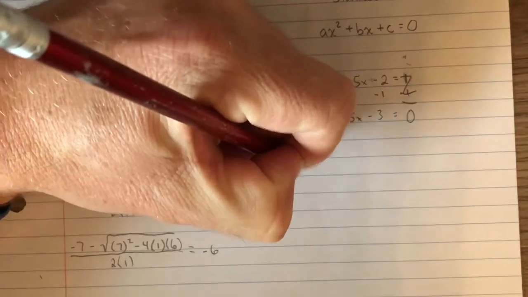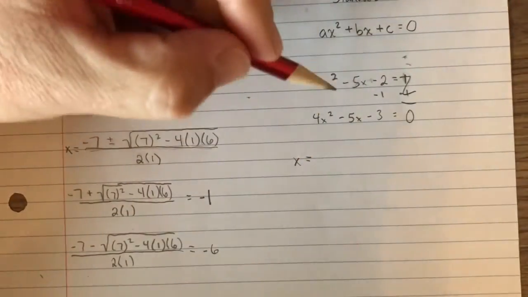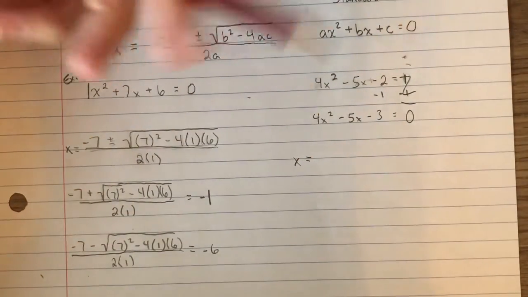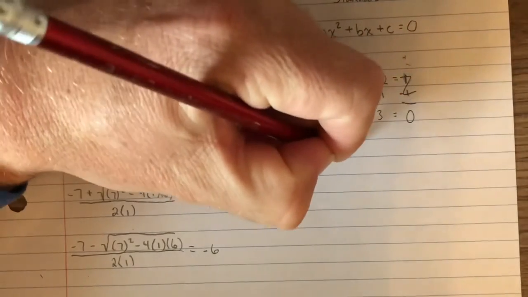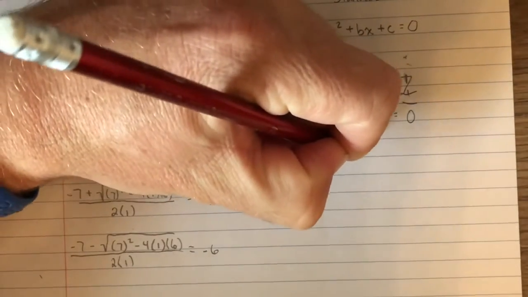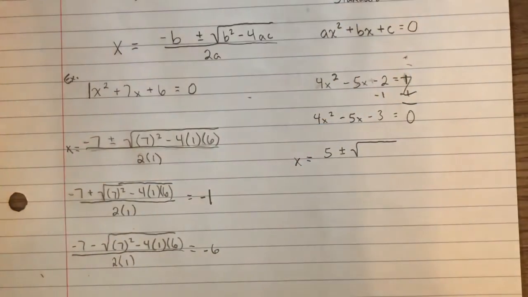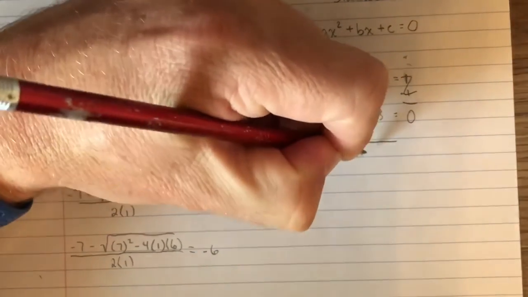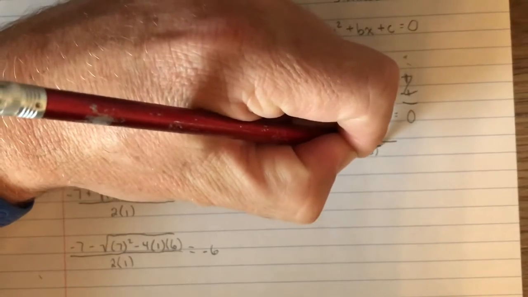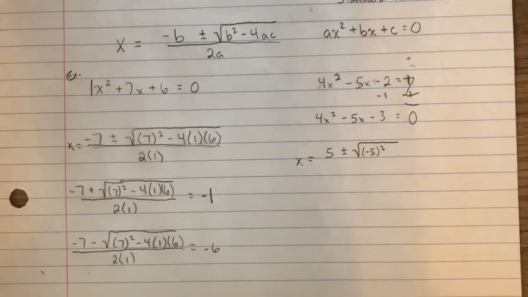So x equals, okay, the opposite of b, so we have negative 5, so the opposite is 5 plus or minus the square root of, now our b here is negative 5, so we definitely want to put that in parentheses. If we don't, we'll get an error and it won't allow us to calculate it because it'll give us a non-real calculation.